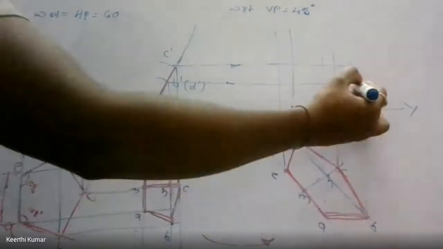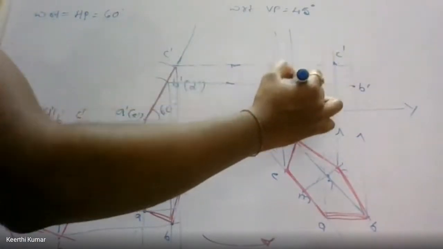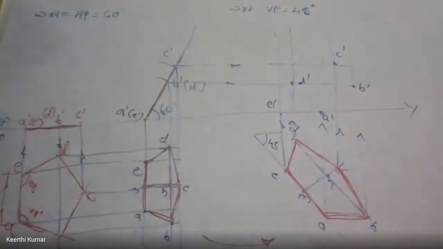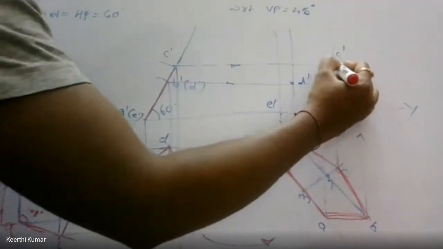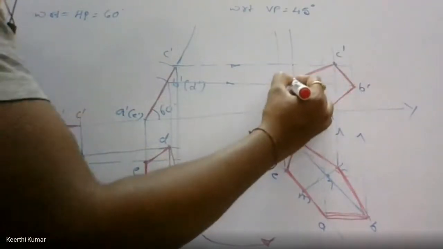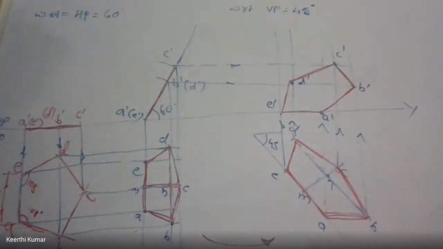This is A dash, B dash, C dash, D dash, E dash. Join A, B, C, D, and you'll come to know how the pentagon will look. A to B, B to C, C to D, D to E, E to A. The pentagon in the third position, top front view, will look like that.